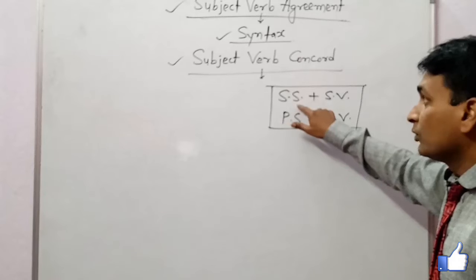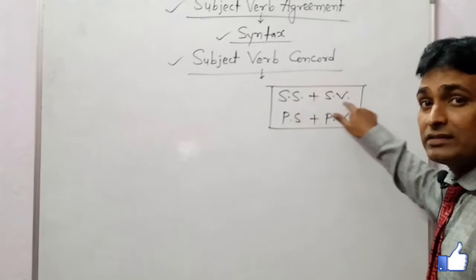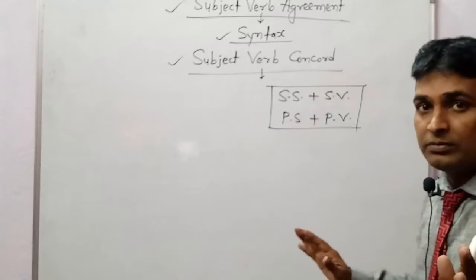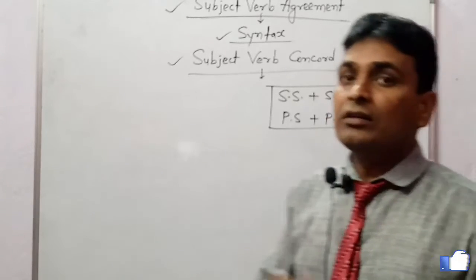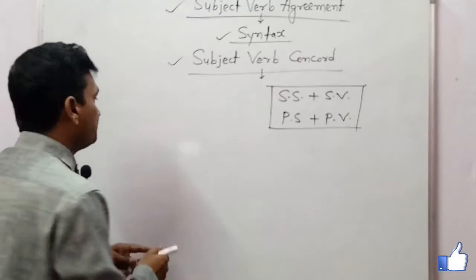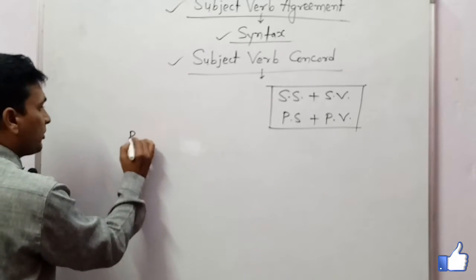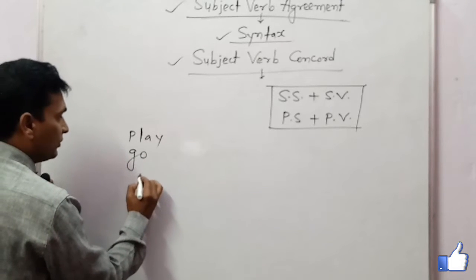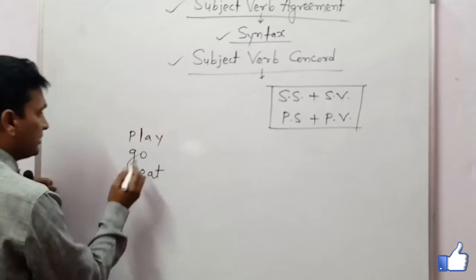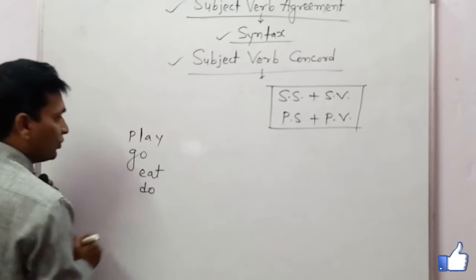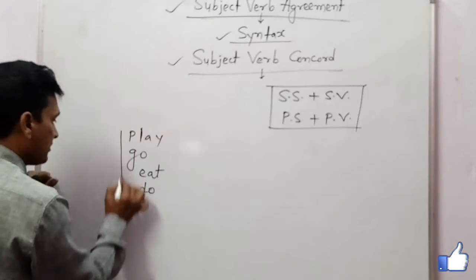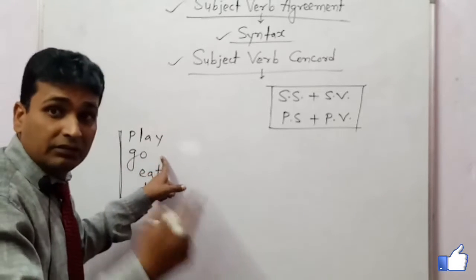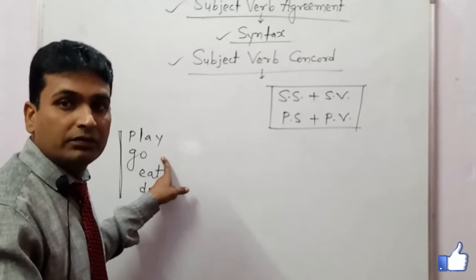Now, singular subject and singular verb. So we have to understand about the singular verb, right? One more thing we have to tell you: when we write play, go, eat, do, I have just written some verbs, main verbs.